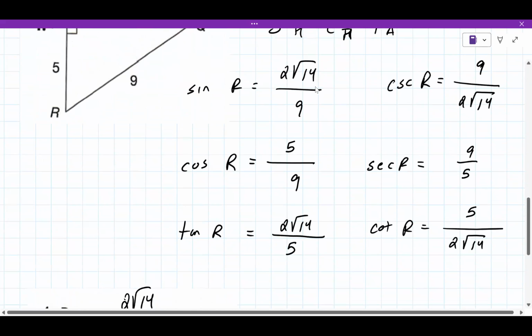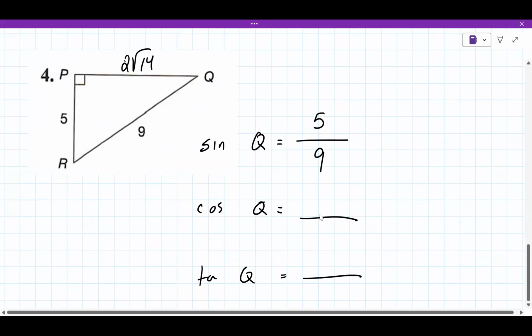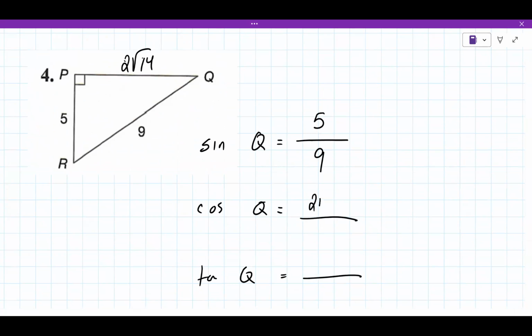The sine of R, if you look back, is 2 square root of 14 over 9. Is cosine of Q, the adjacent, 2 square root of 14 over 9? And it is.